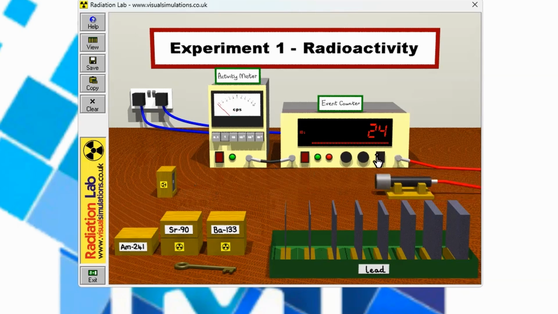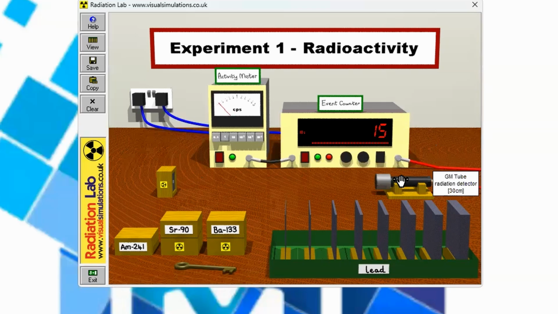What this isn't doing is telling me what the reading is unless I click this button. This source here is an alpha source. It's firing radiation through the air, and it's not really changed the value very much because we're still reading the background radiation, but it tells us the distance.